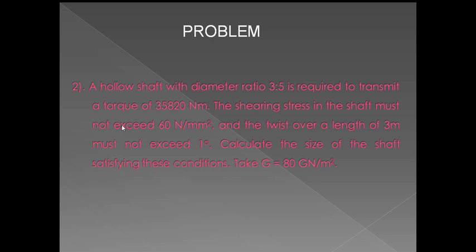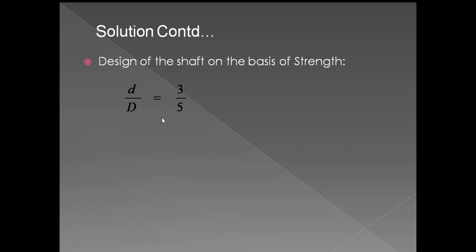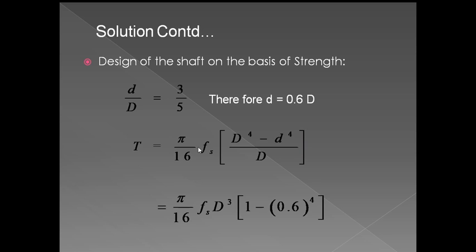Here both cases are possible. That is why we need to solve the problem based on strength as well as rigidity. Whichever is the max, that is the safe value for the design. The important equation in strength is torque equal to pi by 16 into Fs into (outer diameter power 4 minus inner diameter power 4) by outer diameter.